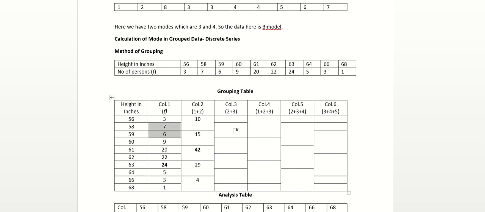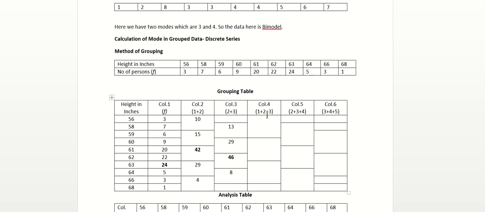So 7 plus 6 is 13. Then next I will add 9 and 20, which becomes 29. Then the next two observations, 22 plus 24, we get 46. Then I get 5 plus 3, 8. So this is how we have calculated column 3.